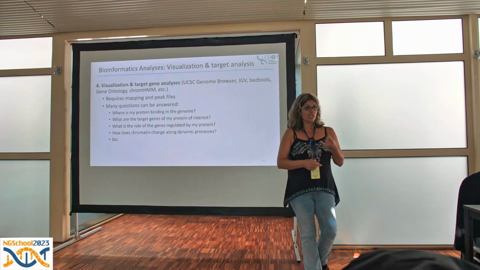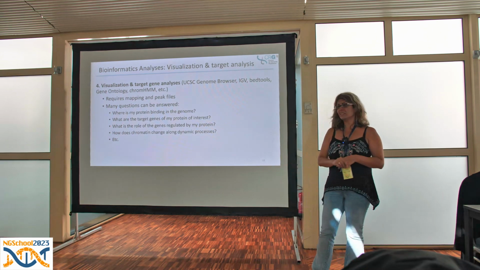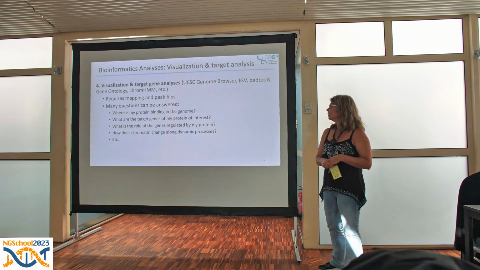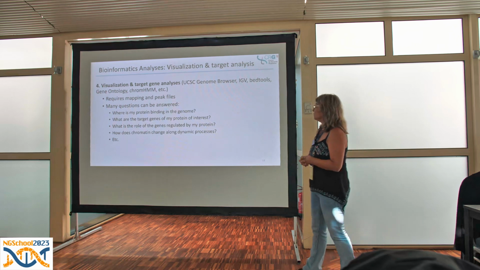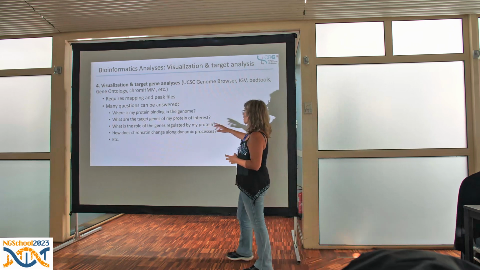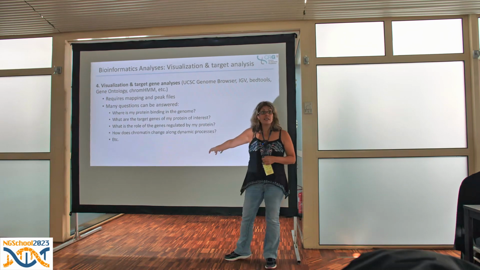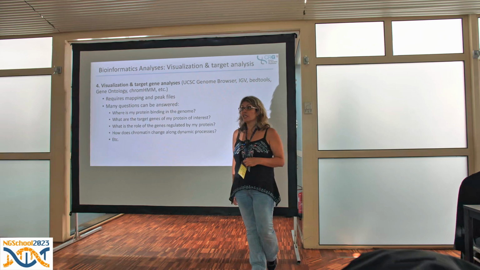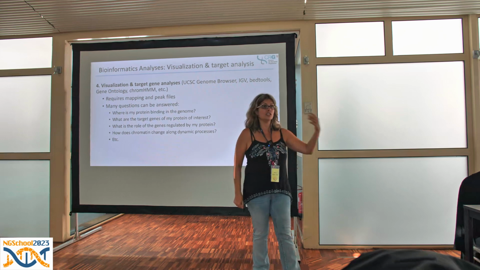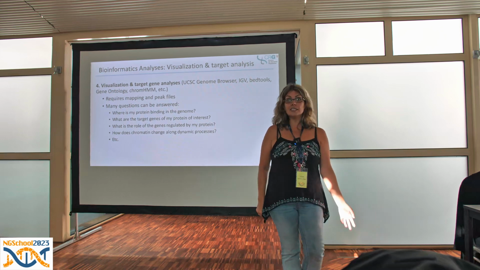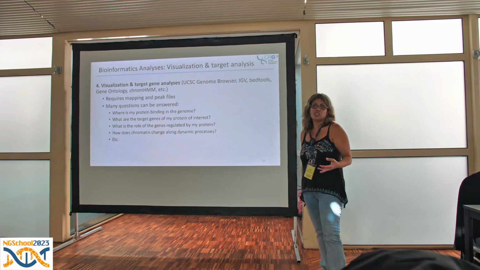So we can also check which type of regulatory region it is, or if it's binding to heterochromatin or whatever. So we can answer what my protein is binding and what the target genes are. Once we have a list of target genes, we can also check the gene ontology function of these genes. So what are these genes doing?